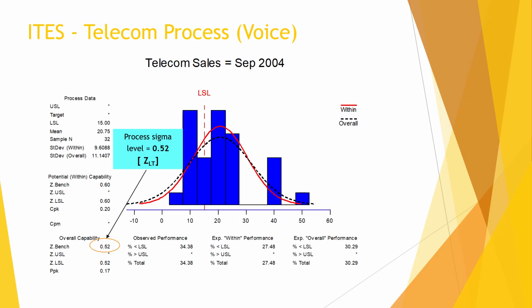And the lower specification limit in this example is 15. The mean is 20.75. And we're looking at 32 samples.